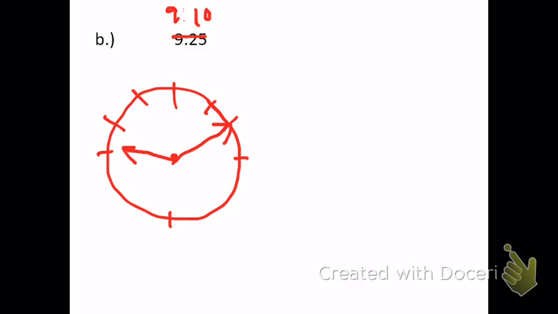We have to figure out what fraction it is past the 9. So I take the minutes, 10 divided by 60, and I get 1/6, right? So it's 1/6 past the 9.